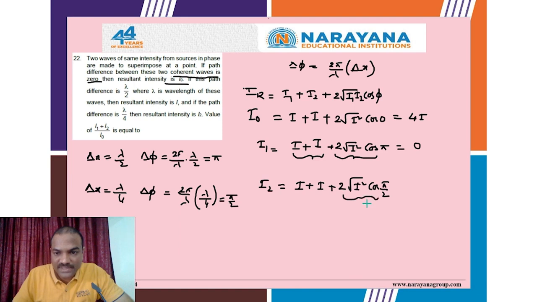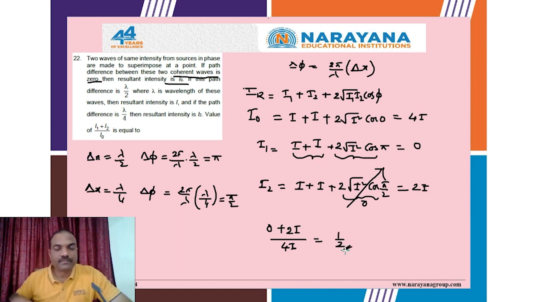Cos pi by 2 means this entire value goes to 0. Okay. So then you will get resultant intensity is equal to 2i. So what they are asking, I1 plus I2 by I naught value they are asking. So again, I1 is nothing but 0, I2 is nothing but 2i, right, by I naught value is 4i. So then the ratio goes to 1 by 2. Okay.